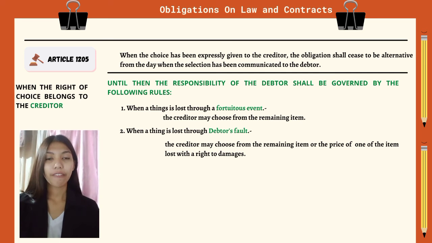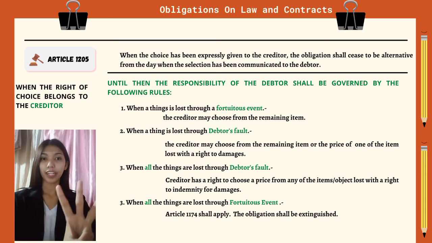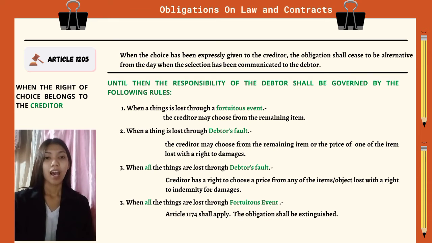Second, when a thing was lost through the debtor's fault, the creditor may choose from the remaining items or the price of the item lost, with a right to damages. Third, when all things are lost through the debtor's fault, the creditor may choose the price of any of the items lost, also with indemnity for damages.